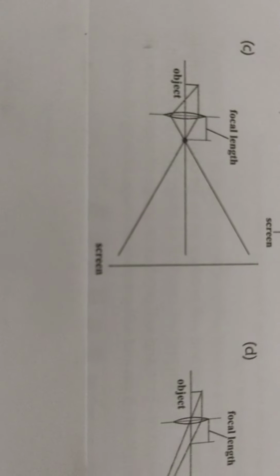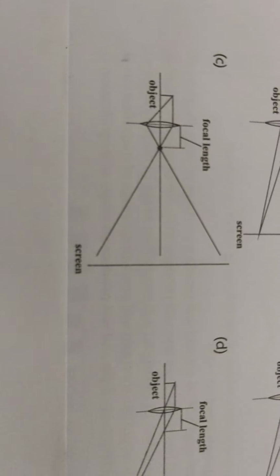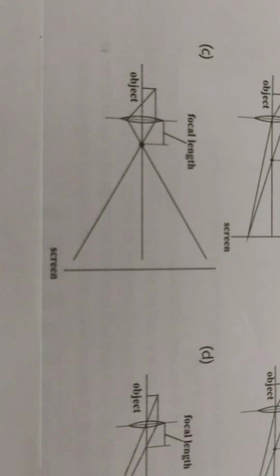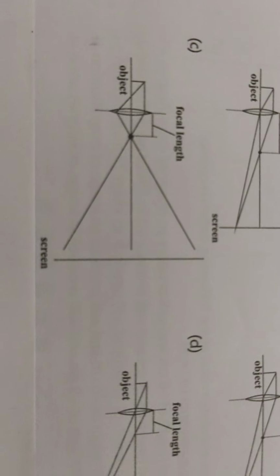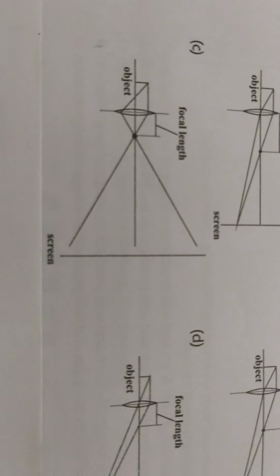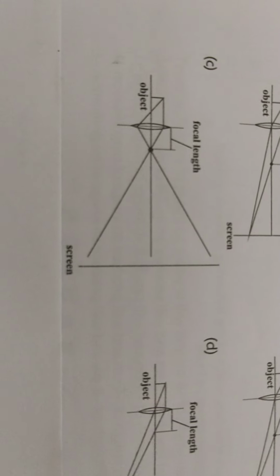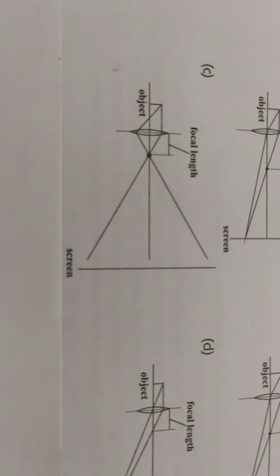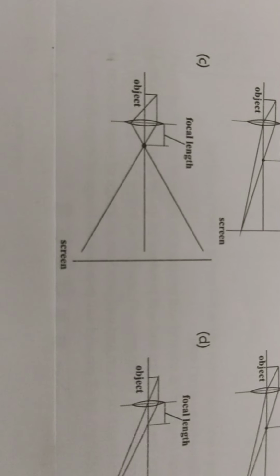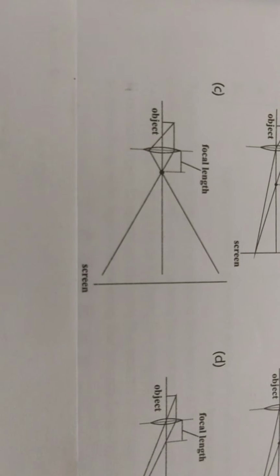The second ray is incident at some other point on the convex lens. We don't know exactly how it is going to bend, but we know that it is going to bend towards the principal axis. But this cannot be right because here the two refracted rays are meeting exactly at the focus, at a distance of the focal length from the lens. But we know that the image is formed at the focus only when the object is at infinity. So this diagram must be wrong.